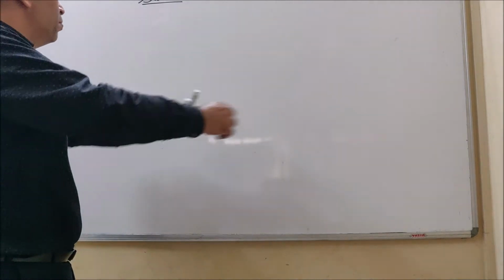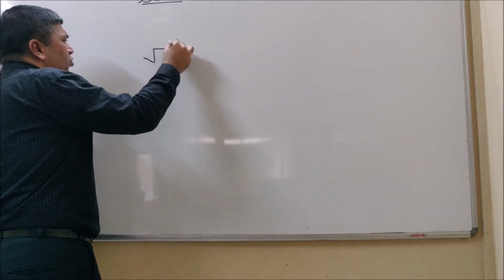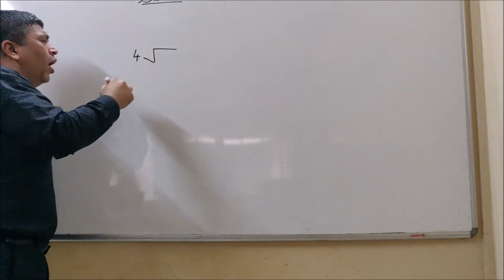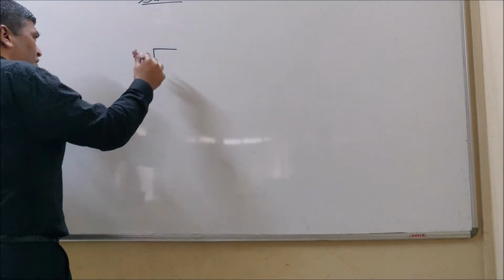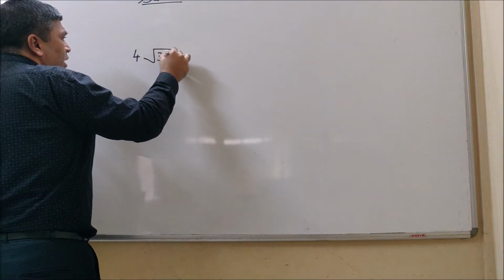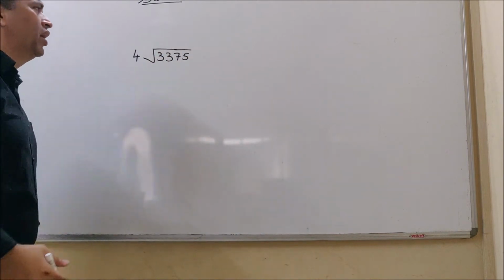Okay, let's try and simplify a surd. Let's say a sum is given to me in this form, let's say 4 times the square root of 3375. Now, I want to simplify this.